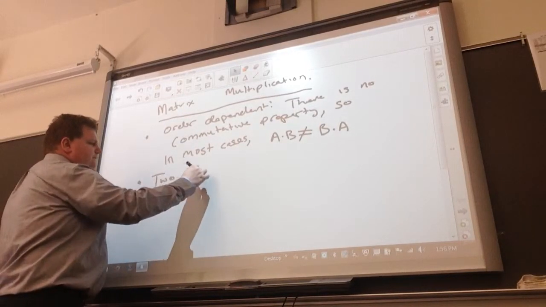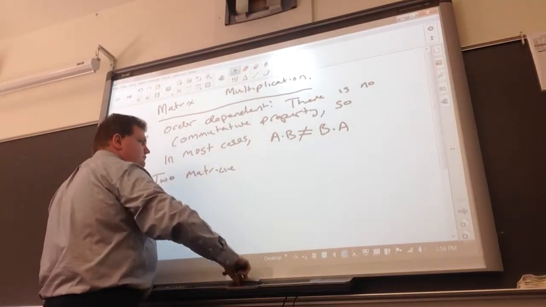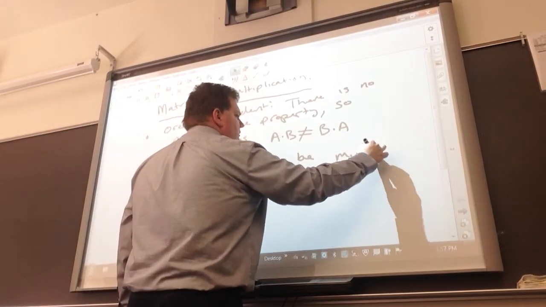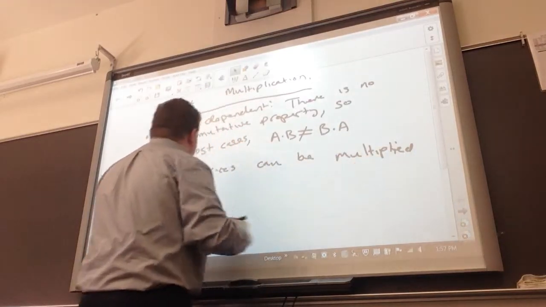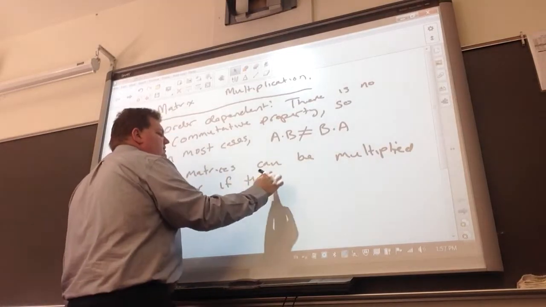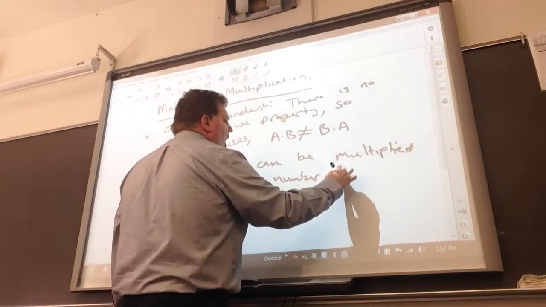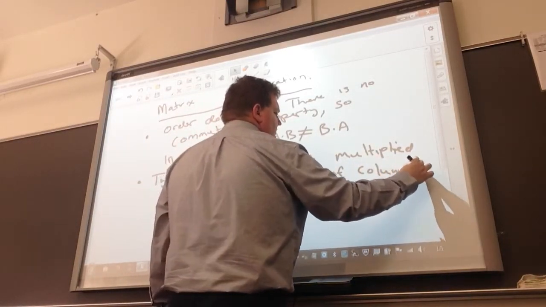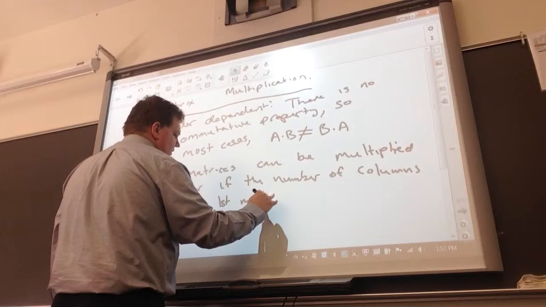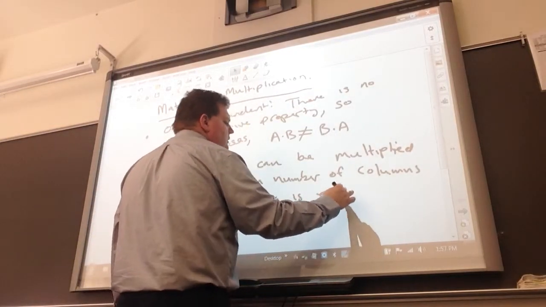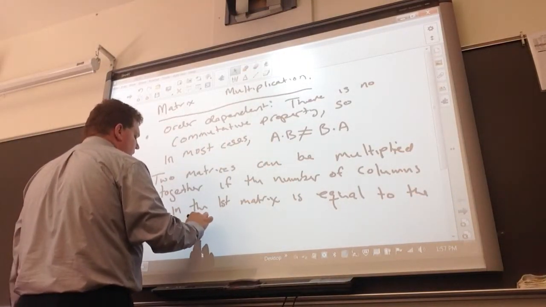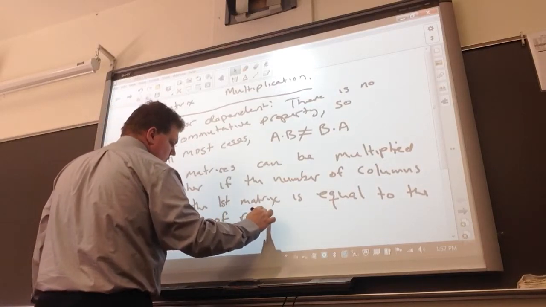Two matrices can be multiplied together if the number of columns in the first matrix is equal to the number of rows in the second matrix.